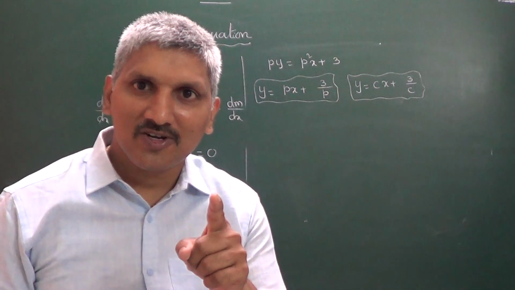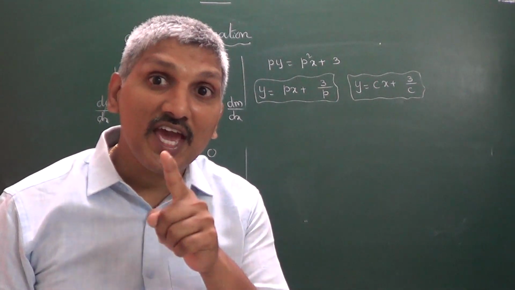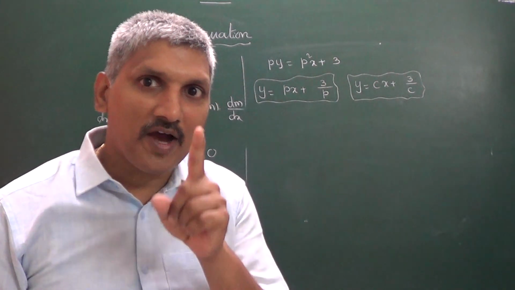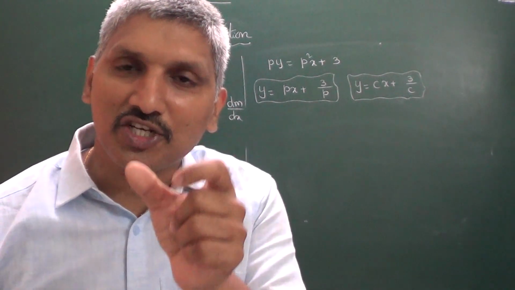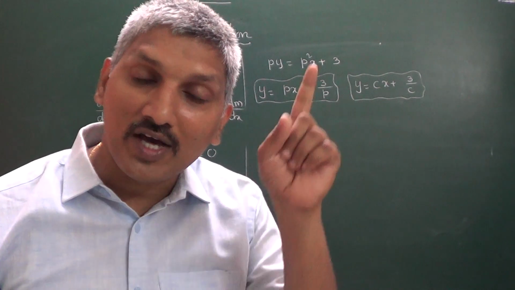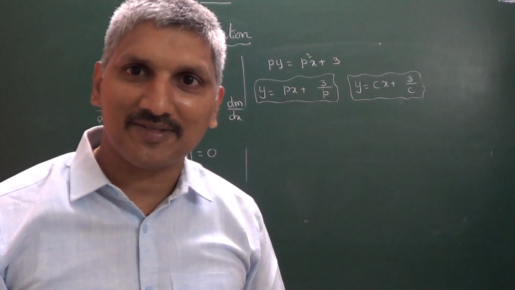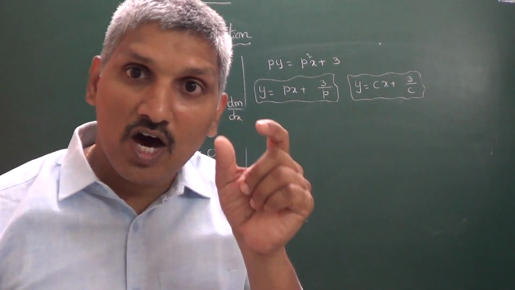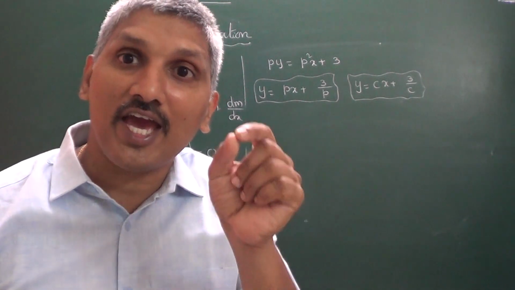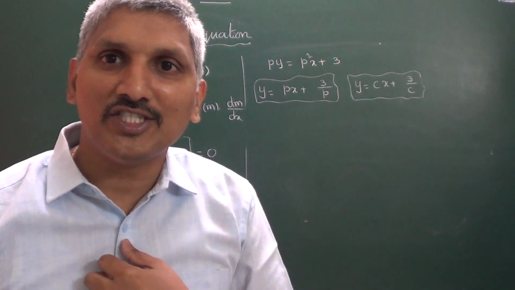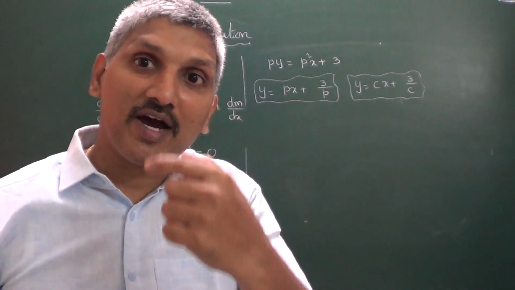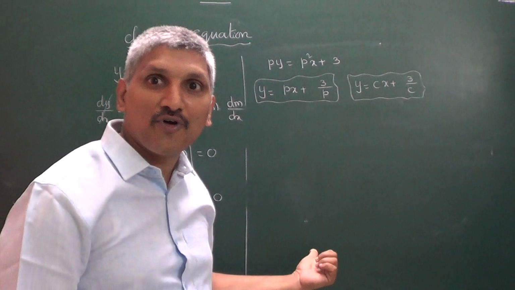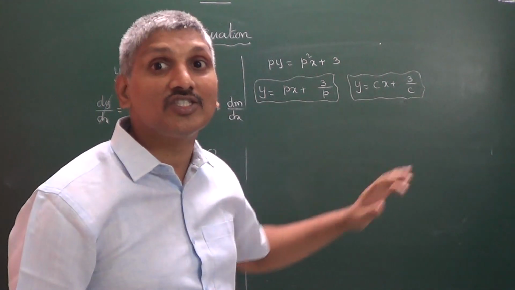Y is equal to mx plus a by m is the equation of tangent to the parabola y square is equal to 4ax. To the parabola y square is equal to 4ax, the equation of tangent in slope form is y is equal to mx plus a by m. That equation I am going to get with the help of the singular solution.